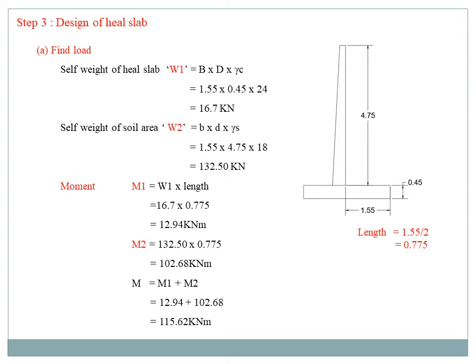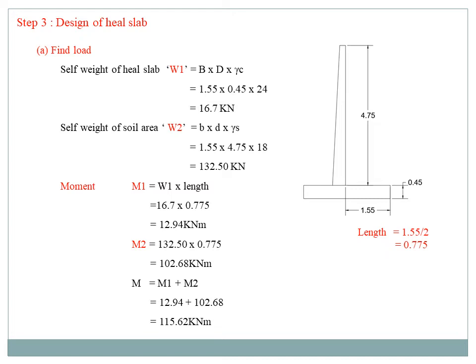Next, self weight of soil area, which we mention as W2. Soil area means the portion above the heel slab. We can assume the soil area is a rectangular shape, so the rectangular area formula is B into D into gamma S. Gamma S means unit weight of soil, because that portion is soil.